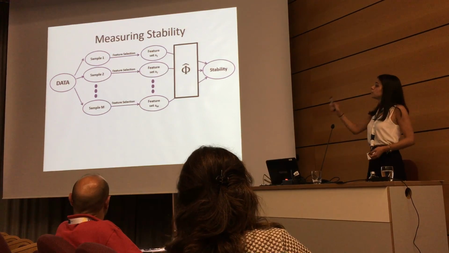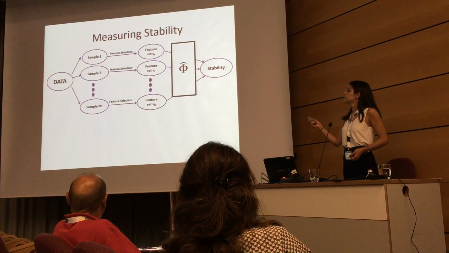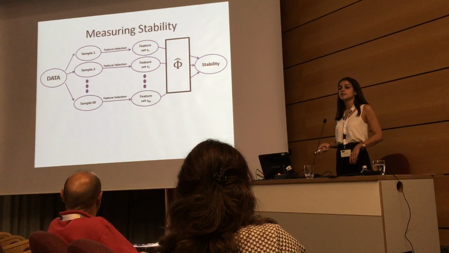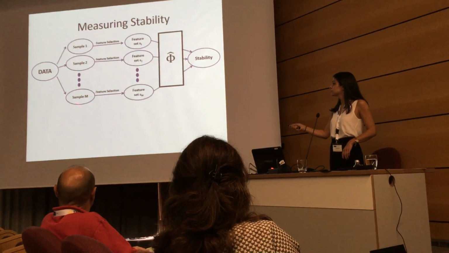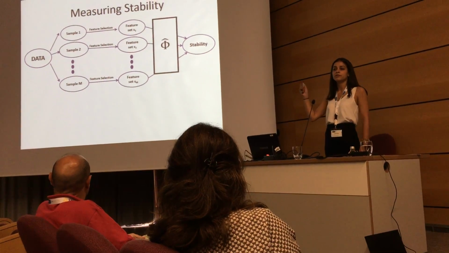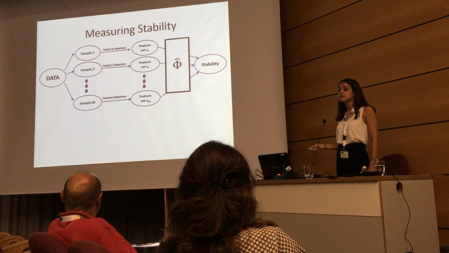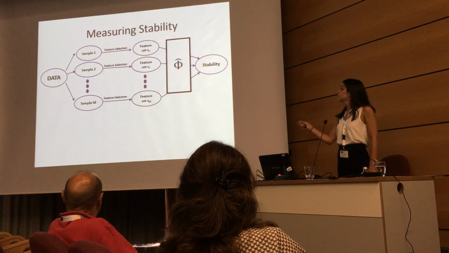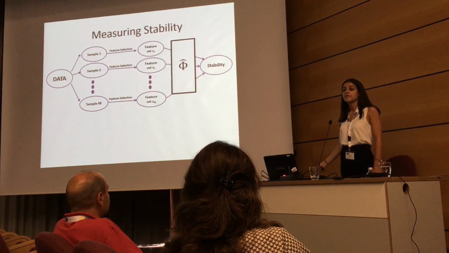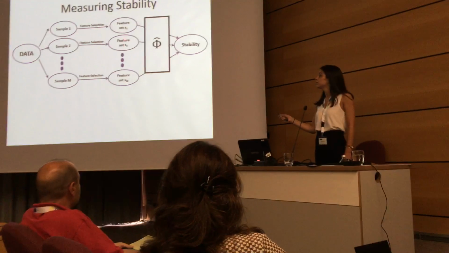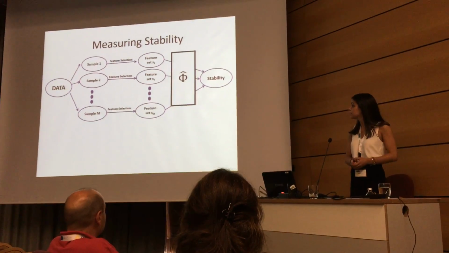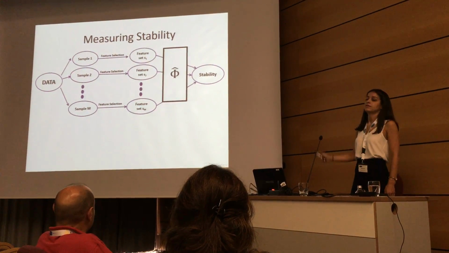So the main structure is that we have the original data set, you take M samples of this data set, you apply feature selection, which gives you M feature sets, and then you need a stability measure phi that will take as an input those M feature sets and return a stability value.